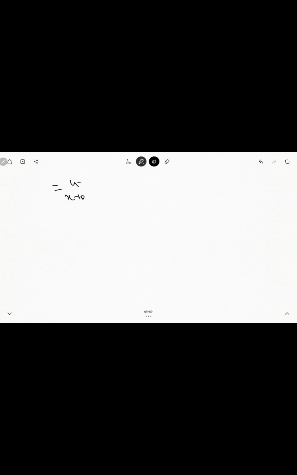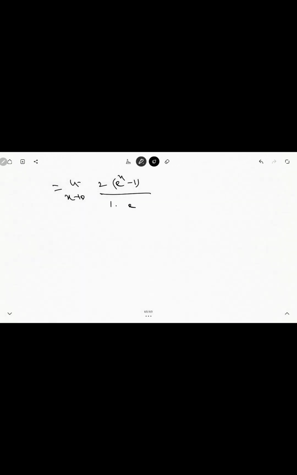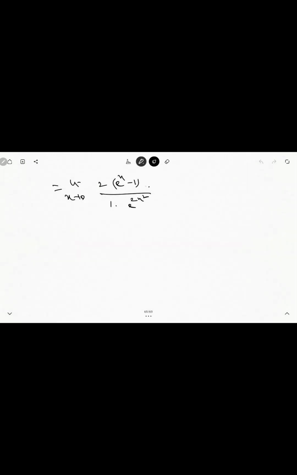So limit x tends to 0, derivative, tell me. 2 into e power x minus 1 by, what is the Newton-Leibniz rule? Upper limit derivative 1, apply upper limit. Here e power x also, sorry. Power x will be there or not? 2 into, correct, chain rule, e power x.